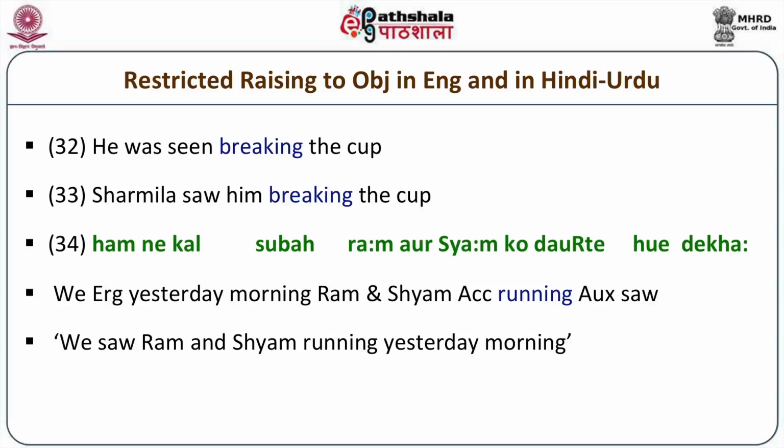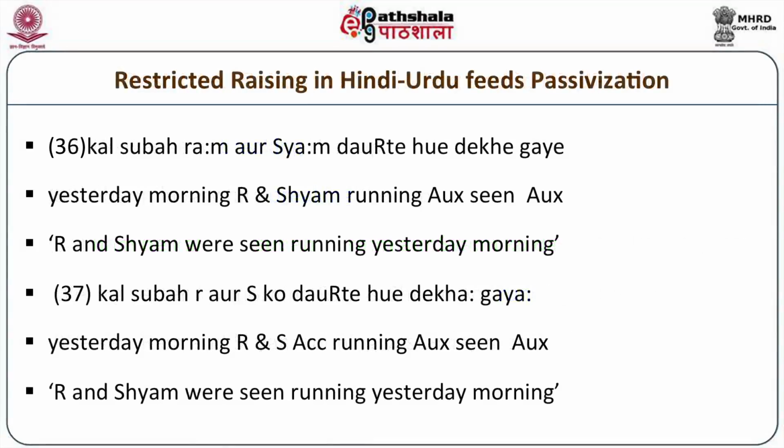When you allow interaction between these structures and the passive, you get interesting results in Hindi, Urdu, and in Bangla. In Hindi, Urdu, the Ram and Shyam example, when it is passivized, comes out as "Kal subah Ram aur Shyam daurte hue dekhe gaye," which means yesterday morning Ram and Shyam were seen running. Here, Ram and Shyam is in the nominative and controls agreement on the verb.